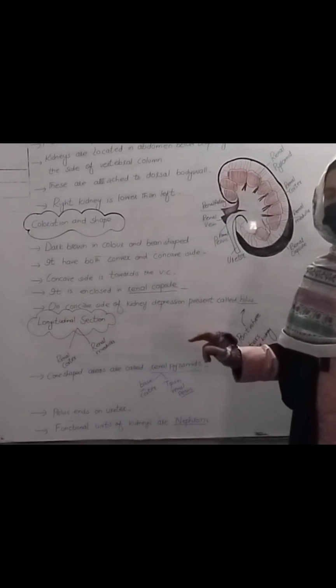I will discuss the longitudinal section of the kidney. It consists of two portions: one is called the renal cortex, the other is called the renal medulla. The outer darker region is the renal cortex, the inner lighter region is the renal medulla. Cone-shaped structures called renal pyramids are present.